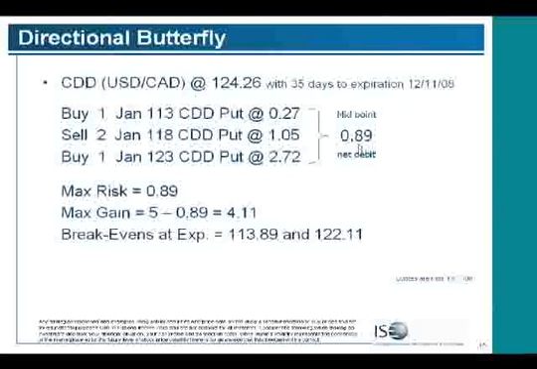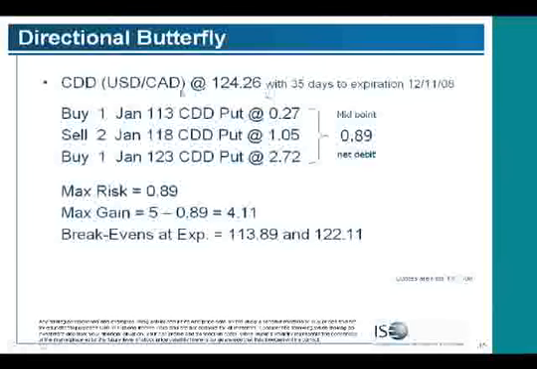So 103 minus 89, that means we're looking at 14 cents divided by 0.89. That's a 15% difference. So on a percentage basis, you're increasing your overall profit potential because you're paying 15% less when we're starting out. But there's a catch: we've got to be right about our direction if we're going to do this.